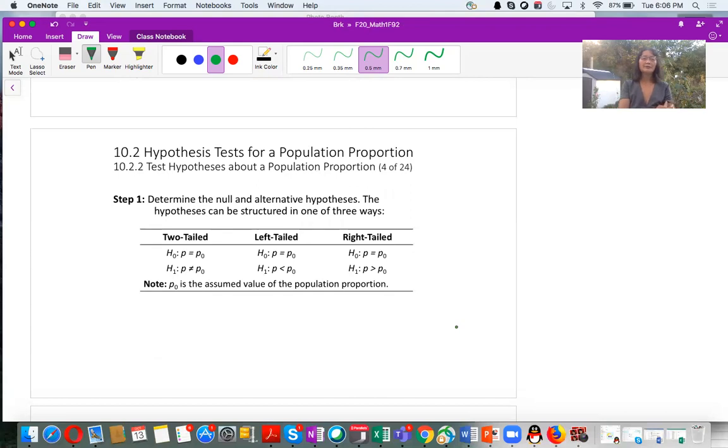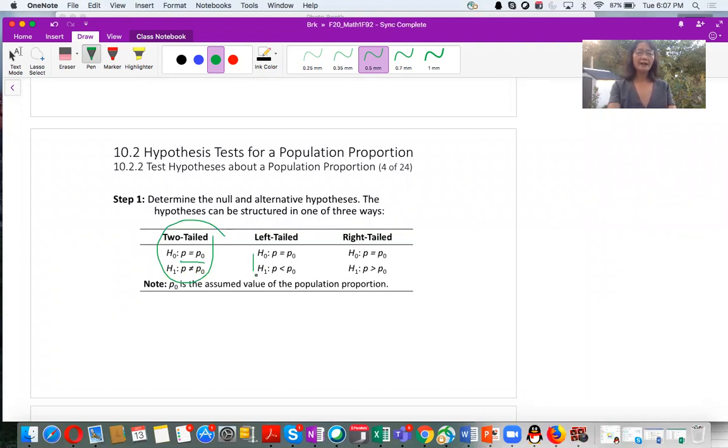So, steps for hypothesis test for population proportion. Step 1, state the null hypothesis H0 and alternative hypothesis H1. There are 3 situations. If it is two-tailed, H0 is population proportion p equal to p0, and H1 is p not equal to p0.